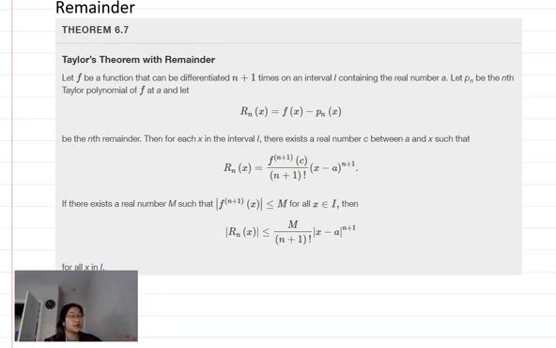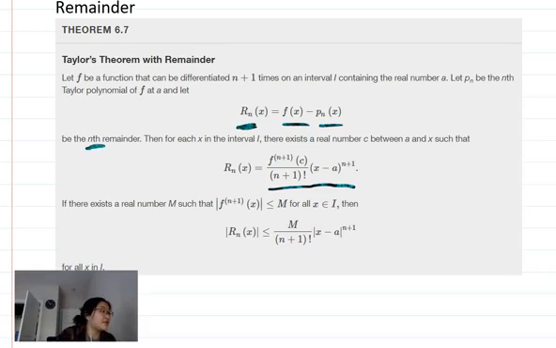With our Taylors, with our function and then our polynomial representation of that, where we're looking at a finite polynomial, the remainder between our function and our nth degree Taylor polynomial is going to be called the nth remainder. And that nth remainder is going to be bound by our next Taylor polynomial term.